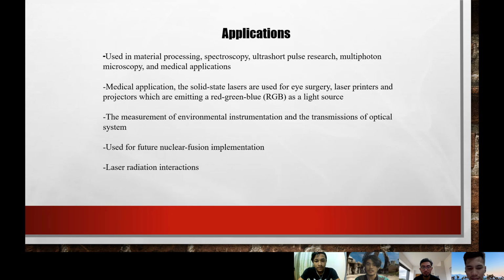The last application is also in medicine, which includes investigation of laser radiation interaction with biological tissue in ophthalmology, dentistry, cardiology, as well as dermatology.